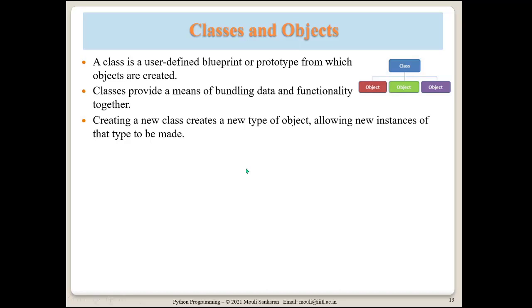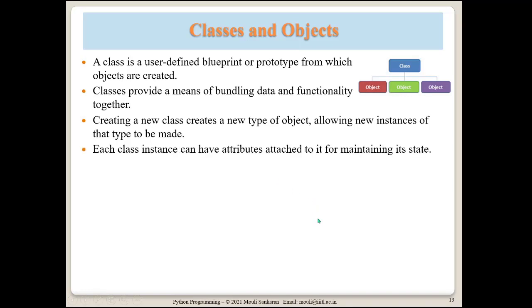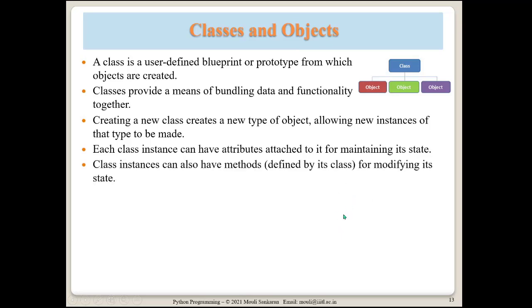So that also has memory, and it may be lying in a code area as well as some data area. Each class instance, which is an object, can have attributes attached to it for maintaining its state. So we can create an instance of the class and then attach attributes to that.